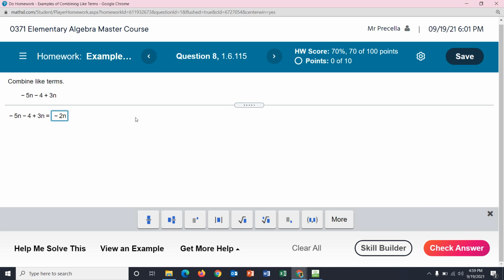And then there's still another term there's nothing to combine with, the minus 4. Do y'all see how I'm getting that negative 2n minus 4? Negative 5 plus 3 is negative 2. And then I'm just carrying the negative 4 down. It's still there. There was just nothing to combine with it.